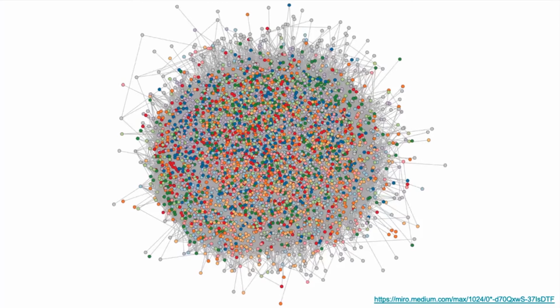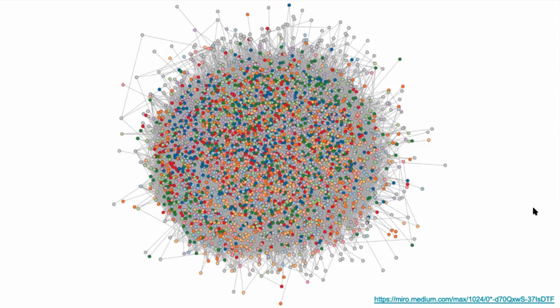Unfortunately, it doesn't always work like that, and we can see here a classic example of what we'd call a hairball network diagram, where this is so overwhelming and complicated that we can't get any information out of this. We don't know what's going on. It's just all too much.